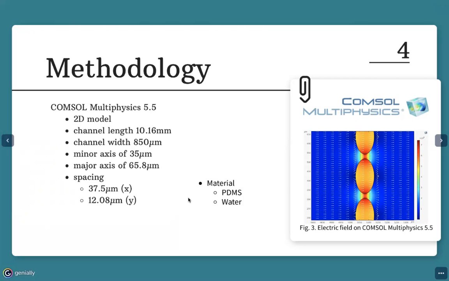The elliptically shaped insulating posts have a minor axis of 35 micrometers and a major axis of 65.8 micrometers, with spacing between the columns of 37.5 micrometers and 12.08 micrometers. The materials used were PDMS and water as the fluid, and the inlet voltage was reduced to 690 volts.